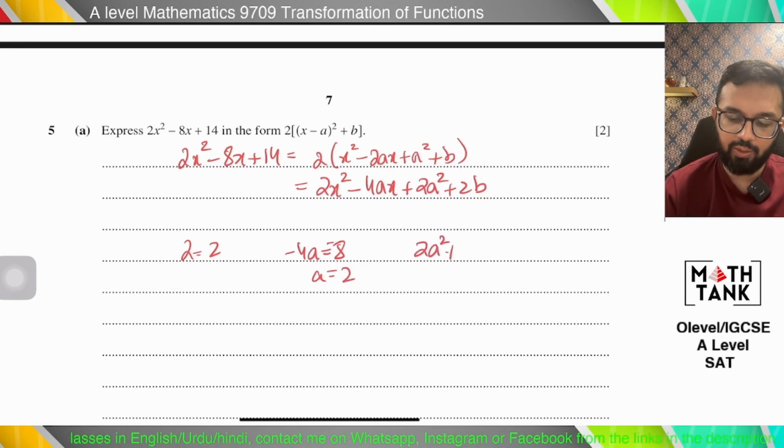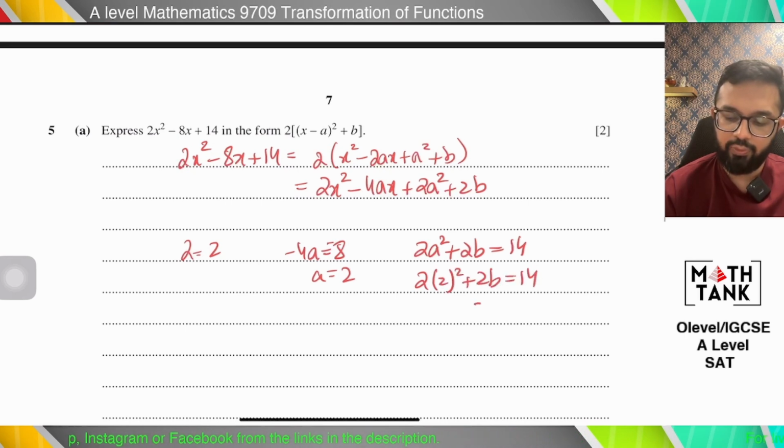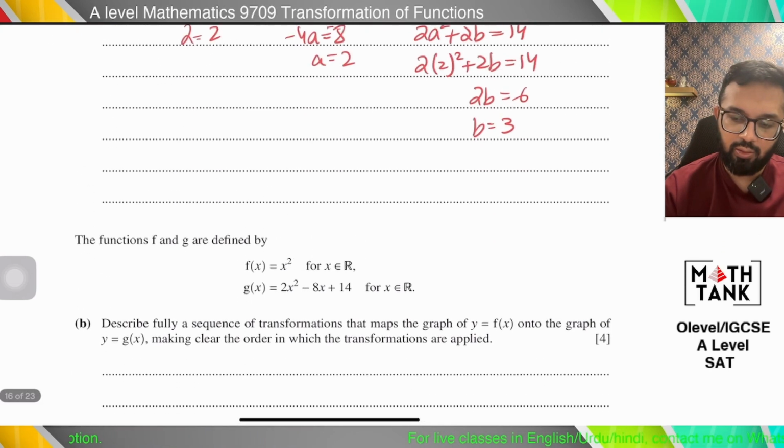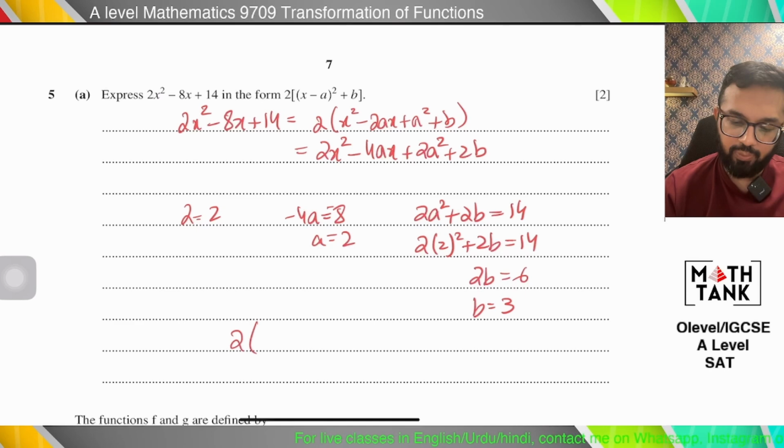And 2a squared plus 2b equals 14. So 2b equals 6 and b is 3. So I have the form 2(x minus 2) whole squared plus 3.